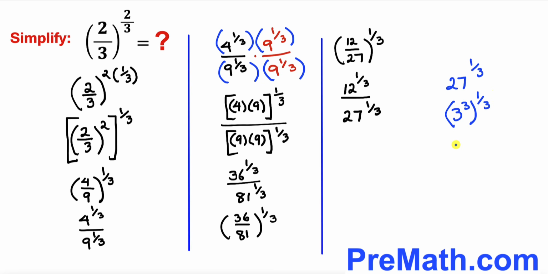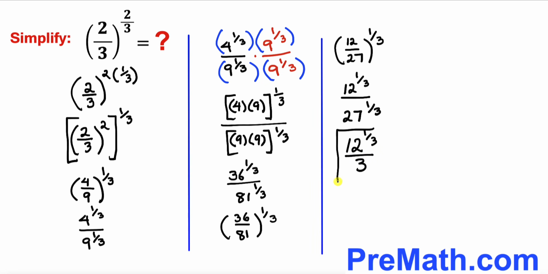So therefore this could be written as 3 to the power 1, which is the same as 3. So this denominator 27 to the power 1/3 turns out to be equal to 3. So therefore we got our answer as 12 to the power 1/3 divided by 3. And that's our simplified answer to this given problem.